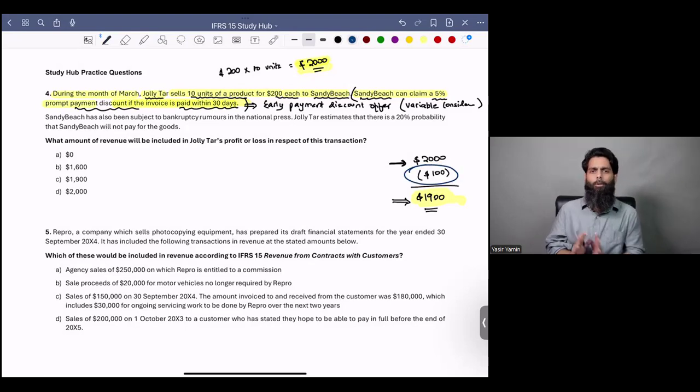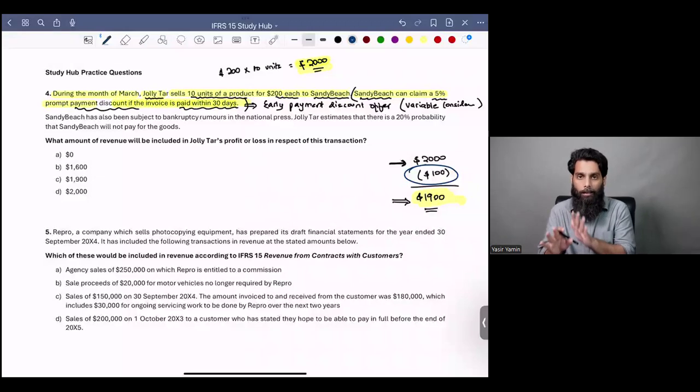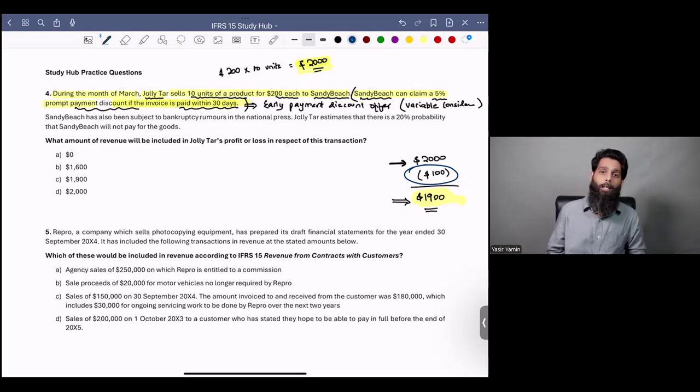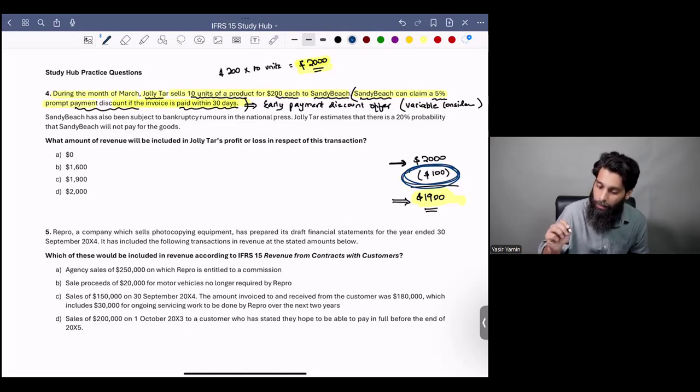Make sense? We need to assess if this discount is inevitable or not. Again, the point of view of IFRS 15 is we need to assess what is the expected amount of consideration that you will receive from a particular transaction. So the whole point is we need to assess if this discount would be given to the customer, yes or no.